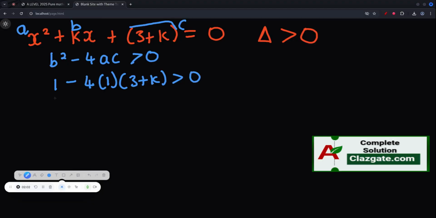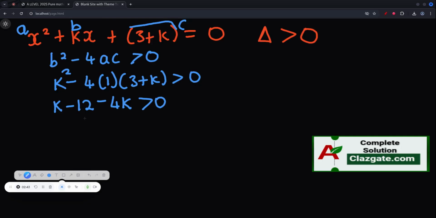Since b is k, the coefficient of x is k, so if we simplify, we get b square, which is k square, minus 12 minus 4k is greater than 0.